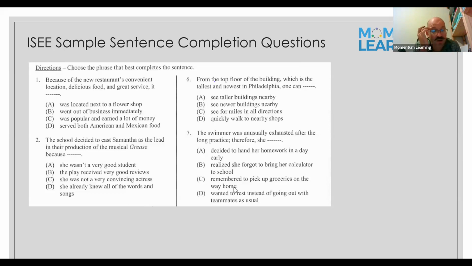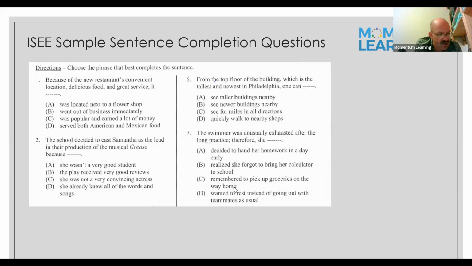Are you going to look for a student who isn't a very good student? Probably not. If Samantha's going to be the lead, there also couldn't have already been good reviews. So it's not that either.